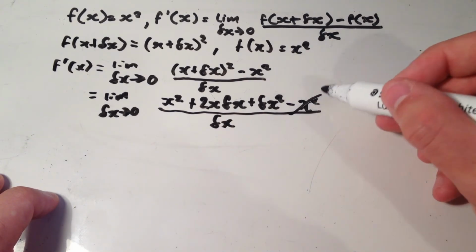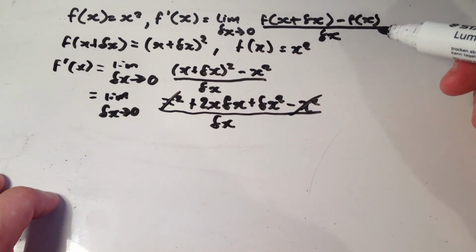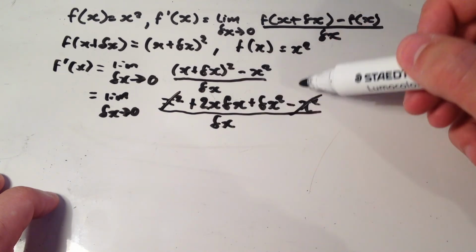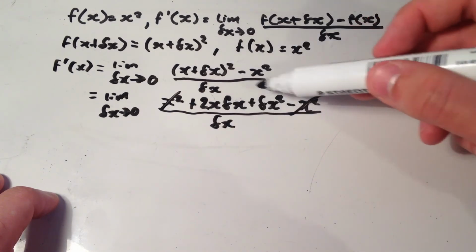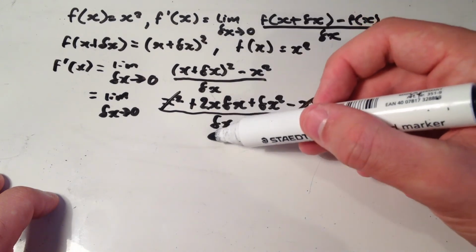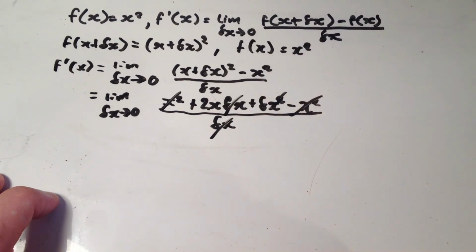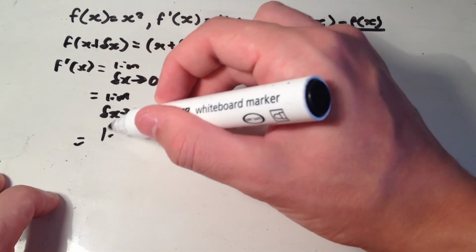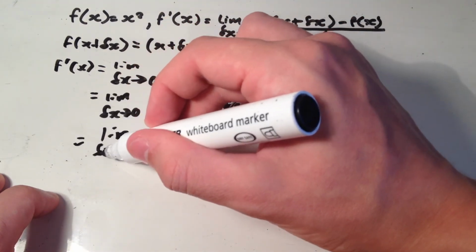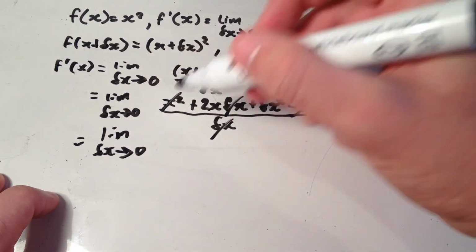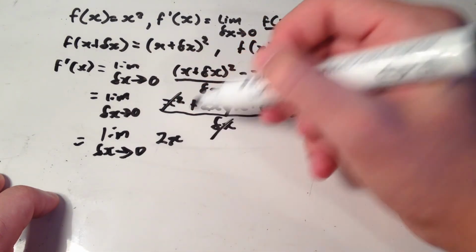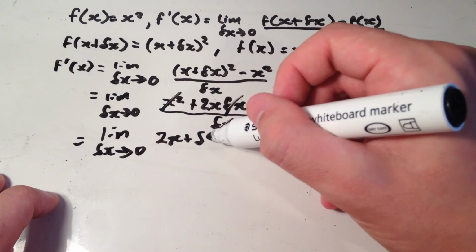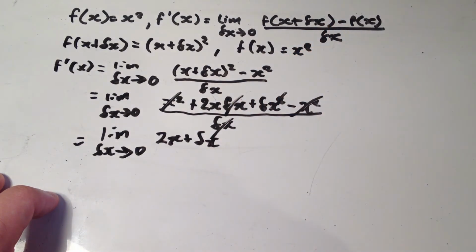Now the x squareds cancel, and as you can see, dx is part of both of these, so dx can cancel with that, leaving us with 2x plus dx.